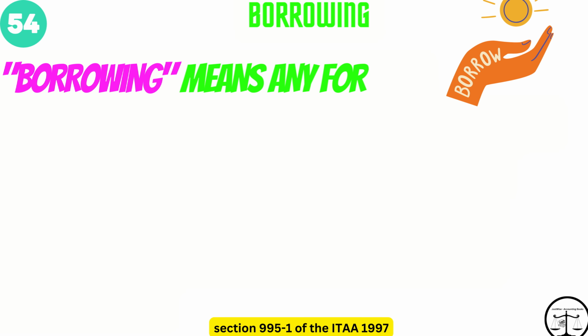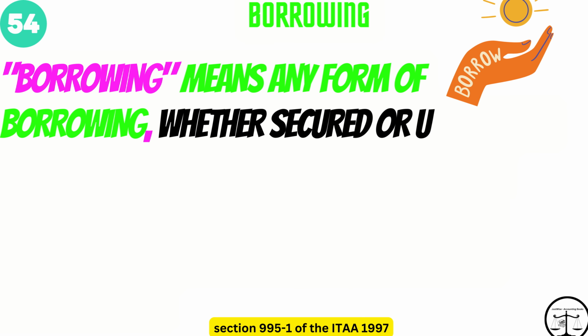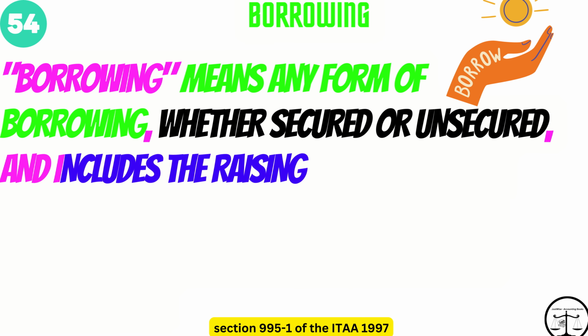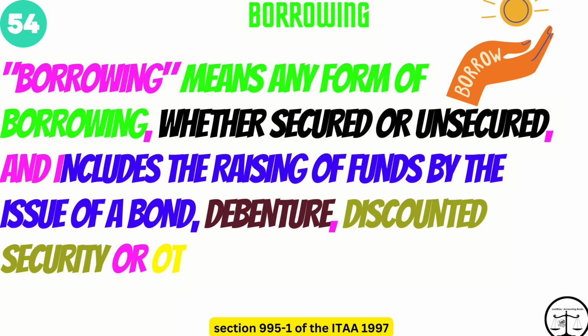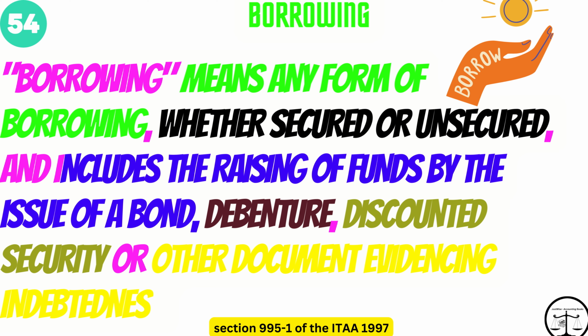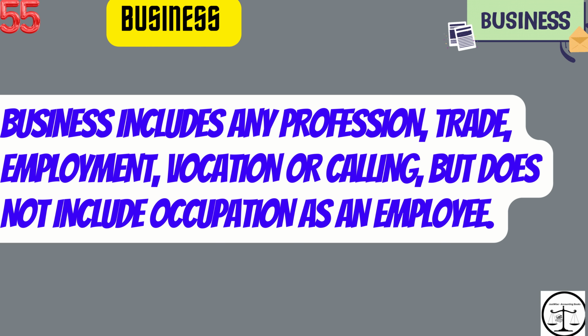Borrowing means any form of borrowing, whether secured or unsecured, and includes the raising of funds by the issue of a bond, debenture, discounted security or other document evidencing indebtedness. Word number 55. Business includes any profession, trade, employment, vocation or calling, but does not include occupation as an employee.